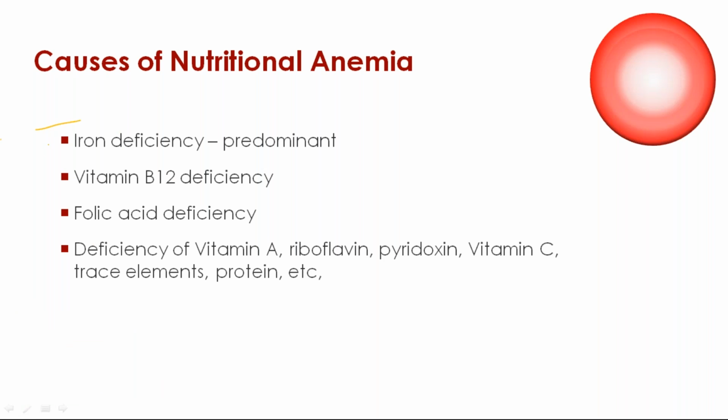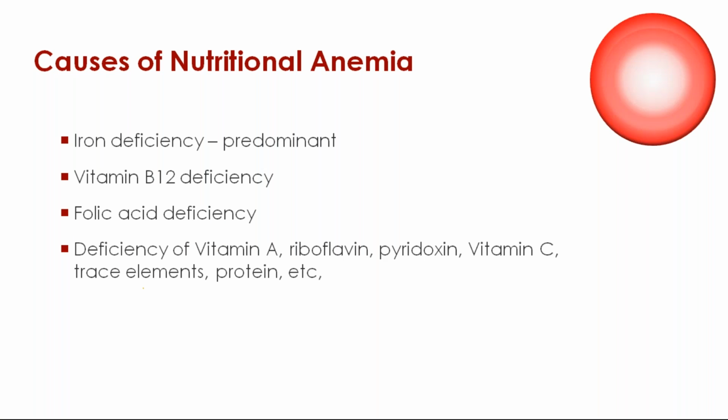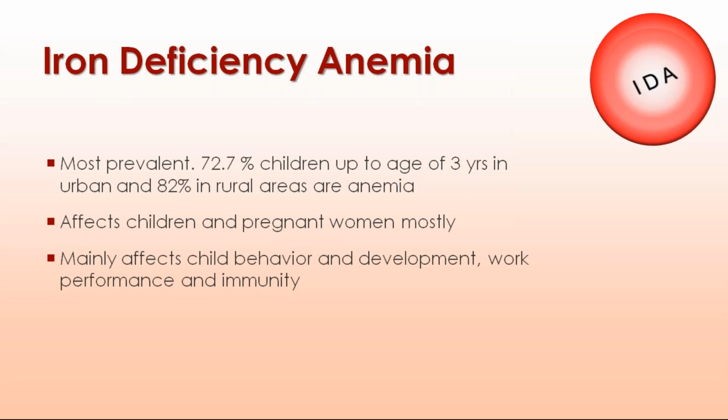Then vitamin B12, folic acid deficiency, and minor deficiencies like riboflavin, pyridoxine, vitamin C, vitamin A, trace element deficiency, copper deficiency, and protein deficiencies. All these things are related together. These are the causes of nutritional anemia. We spend more of today's talk on iron deficiency anemia.